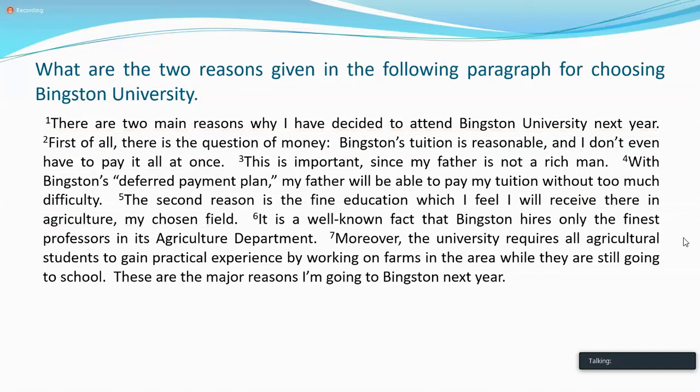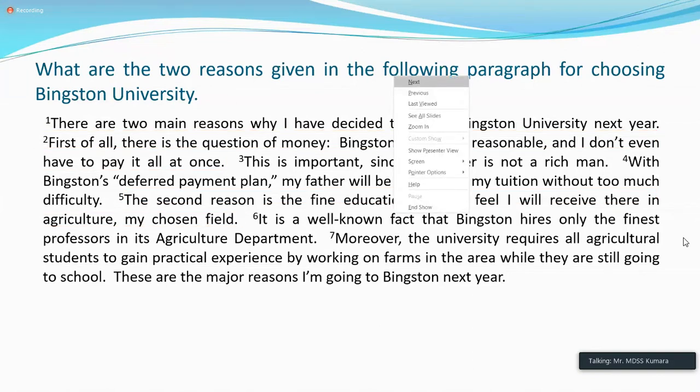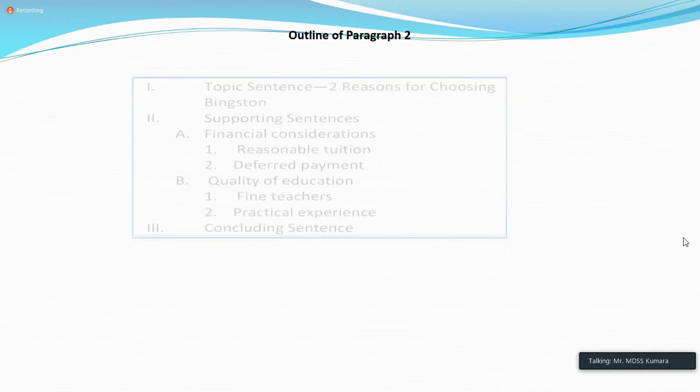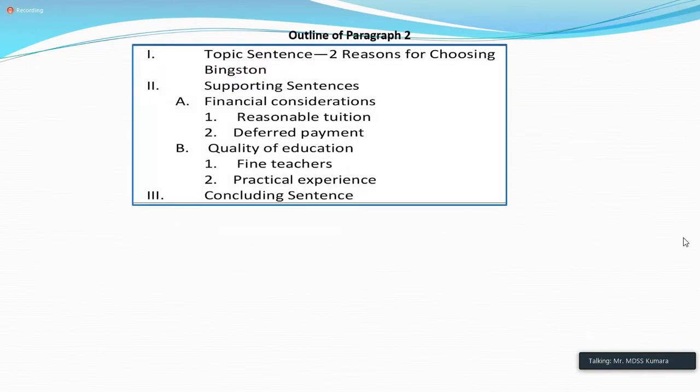So in each sentence here, we can see that they are all relevant to the topic, and they have been organized in a particular structure. So we'll have a look at that structure, the structure or outline of the paragraph.